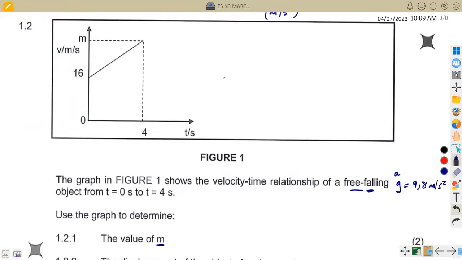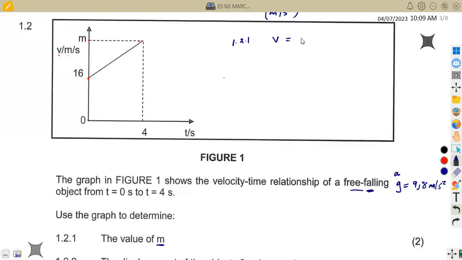So if you check here, the value of m is indicating the velocity at this point. This is your velocity in meters per second. We have got 16. Then we have got v at this point here. That is what this m is representing. So as we know, guys, from the formulas of linear motion, we can apply that. Remember that we can just use this space here, 1.2.1.